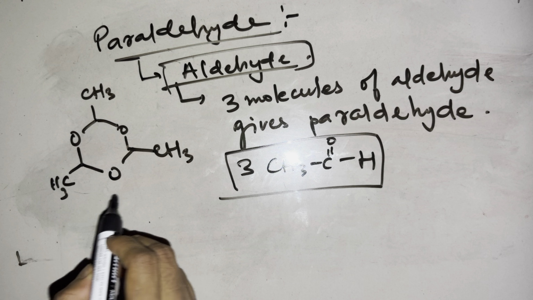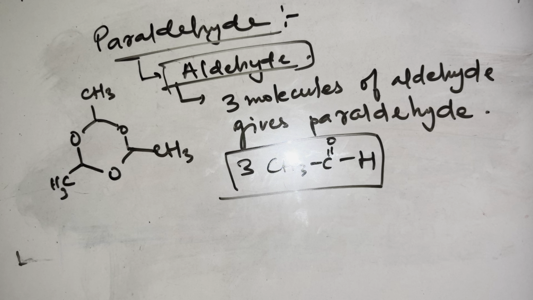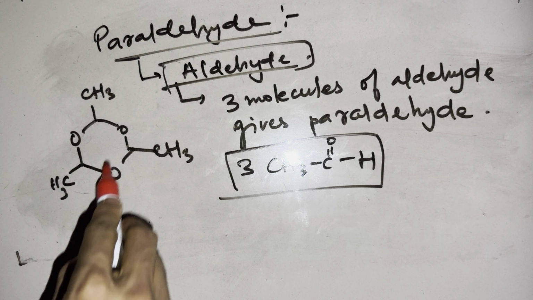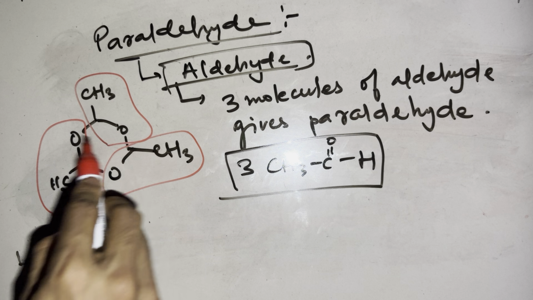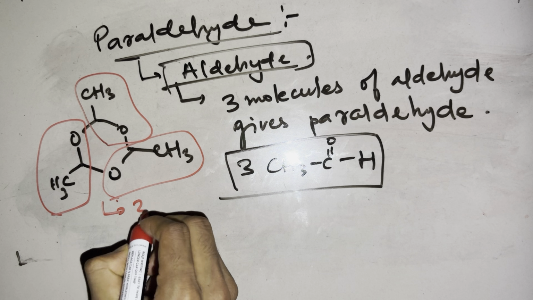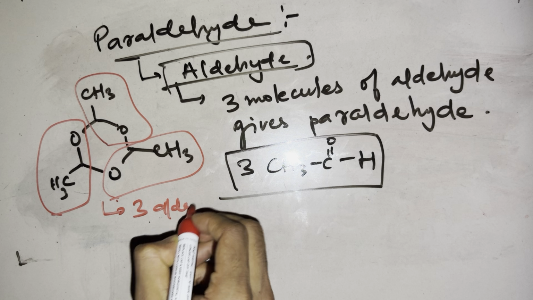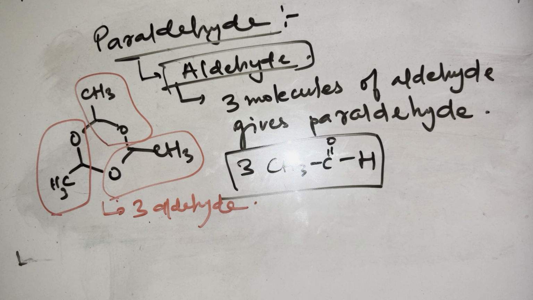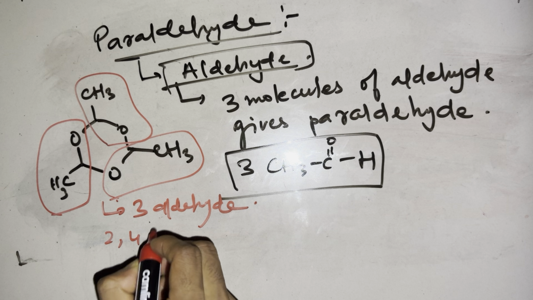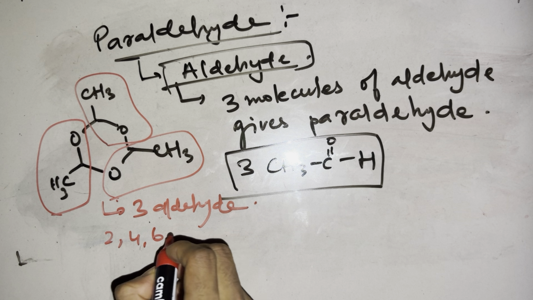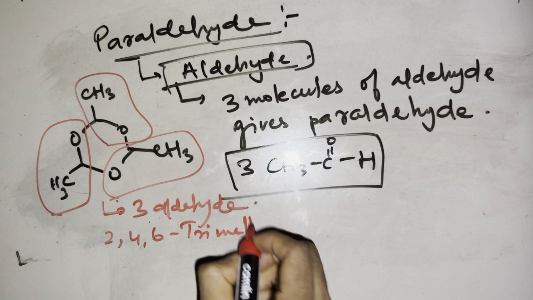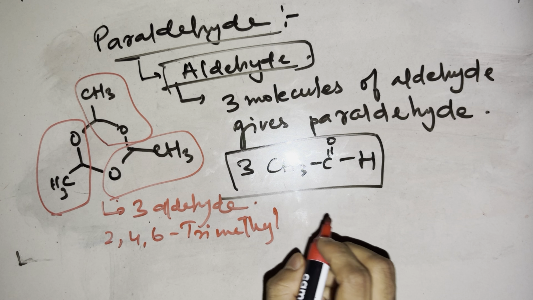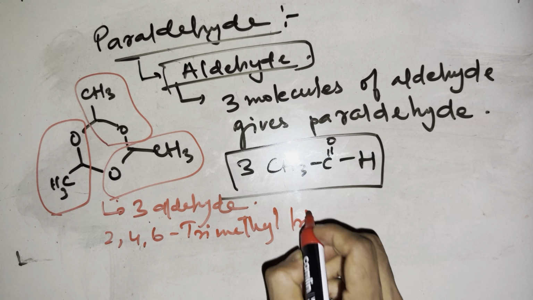So in this is one aldehyde, this is another aldehyde, and that is another aldehyde. How many aldehyde? 3 aldehyde. Okay, so the chemical name will be 2,4,6-trimethyl-trioxane.